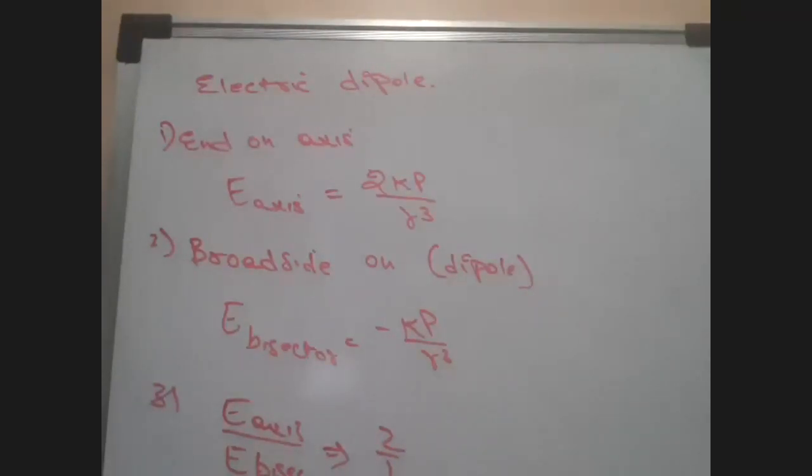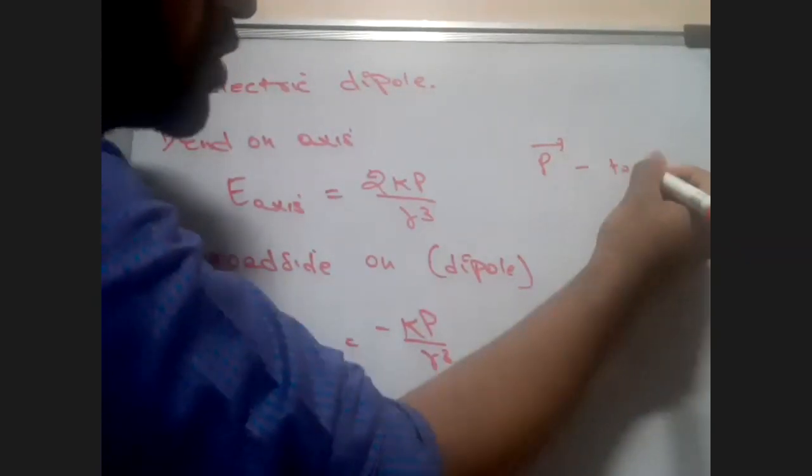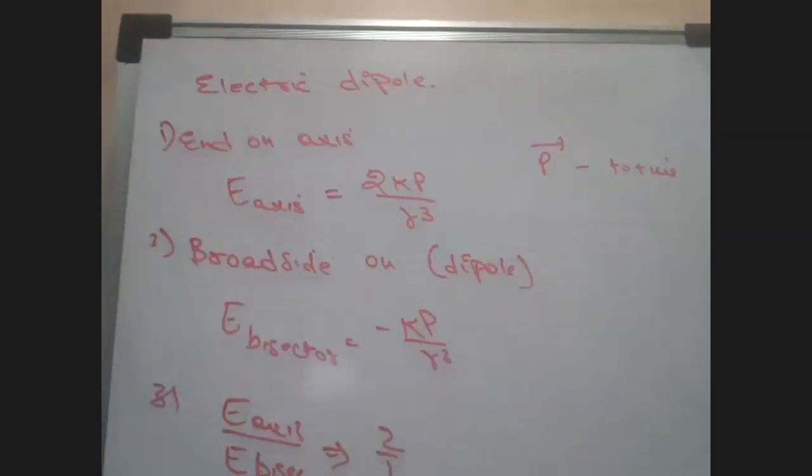Now you tell me, what is the direction of the dipole? Negative to positive. So p is negative to positive, I can say. What is the direction of the electric field at the broadside-on position?